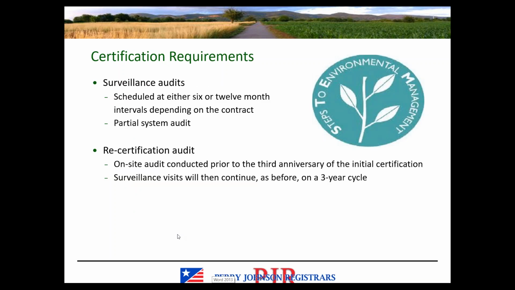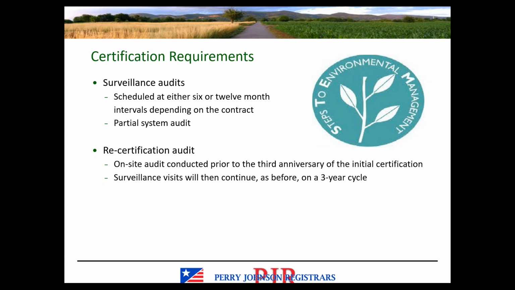The surveillance cycle within those 3 years constitutes 2 years of surveillance audits, either semi-annual or annual based on the contract. And those represent partial system audits, not as long as a stage 2. They don't have to sample every single process, every single shift. There are some processes that get sampled every year, but the operational type processes can be sampled across those 2 surveillance years.